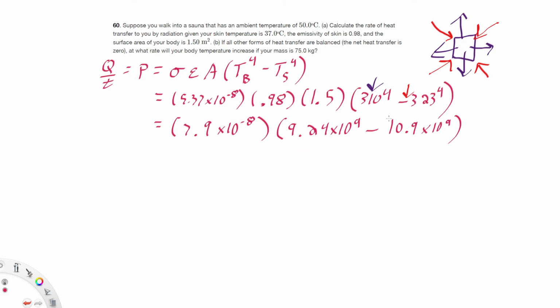Okay, so we take the difference here. We get a difference of, what, 1.6 times 10 to the 9?